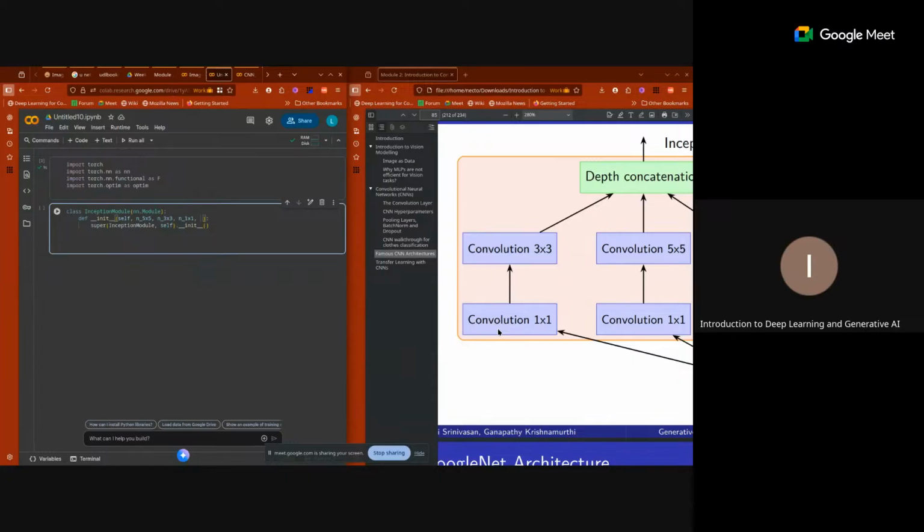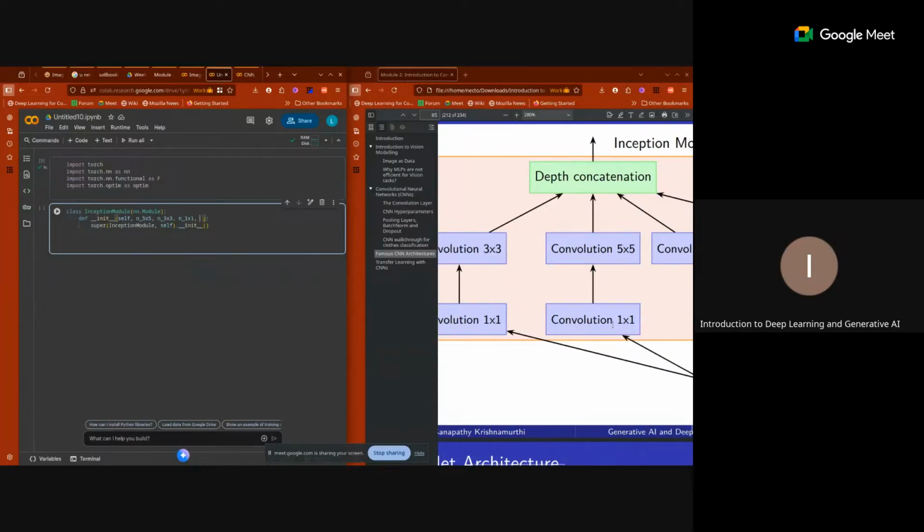But first you have to reduce this one, right? Let's use the same amount of kernels in this one. So this one and this one will have the same amount of kernels.